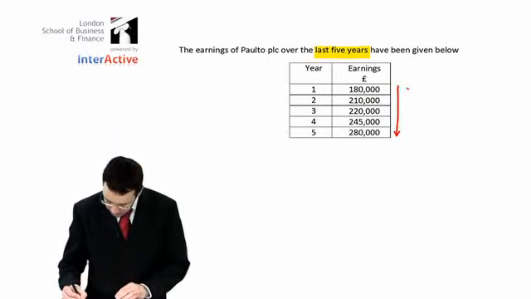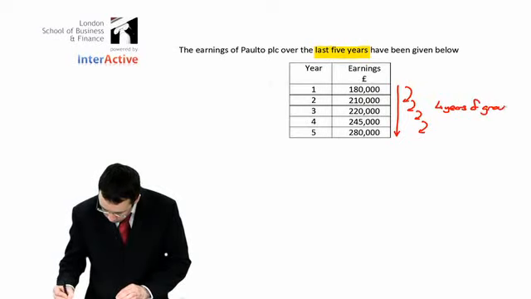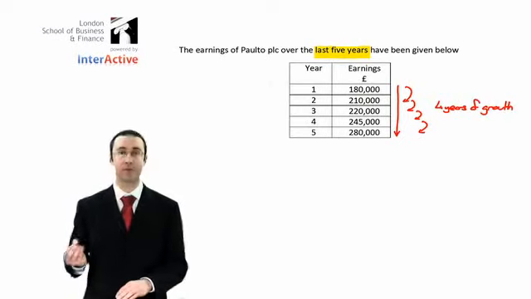So you can see that you have 1 year, 2 years, 3 years, 4 years of growth in your dividend.